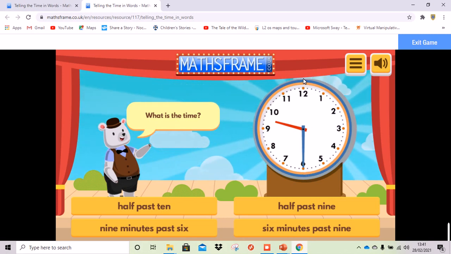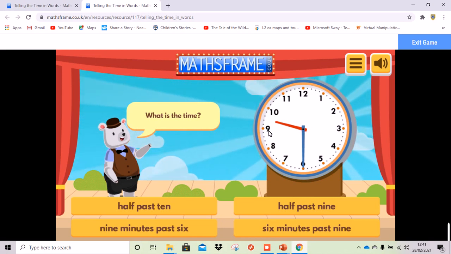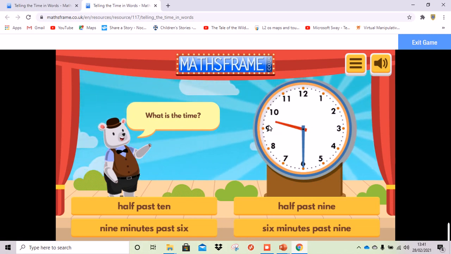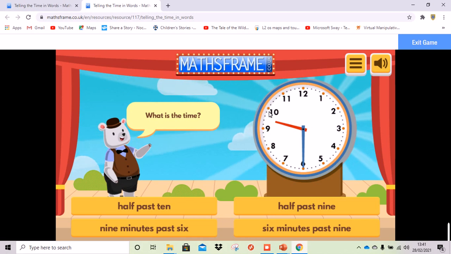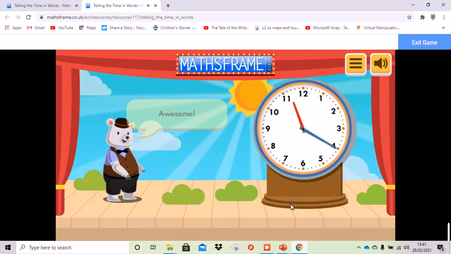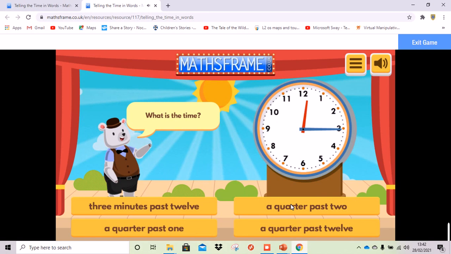Let's have a look at what our hour hand's telling us. Well, it's still in the 9th hour, isn't it? It's not reached 10 yet, and it's halfway between the 9 and the 10. So it must be, is it 10:30 or is it 9:30? It's 9:30 because it hadn't reached 10 yet.